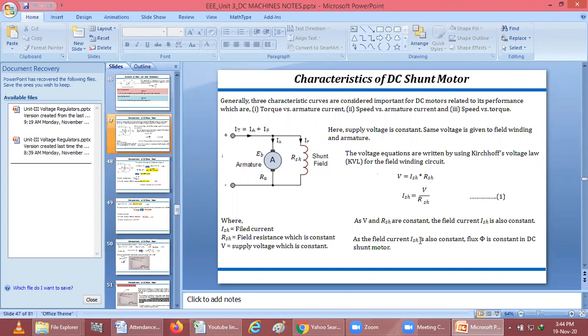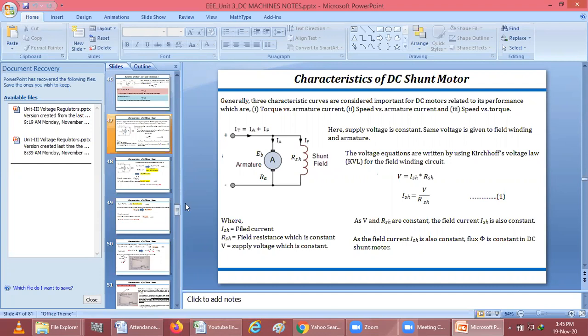And if the field current is constant, the flux in the DC shunt motor will also be constant, because Faraday's law states that if a conductor is cut by magnetic flux, EMF will be induced. If the current is constant, the amount of flux generated will also be constant. So if ISH is constant, we get a constant amount of flux generated in the DC shunt motor.